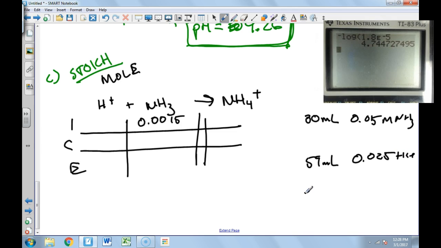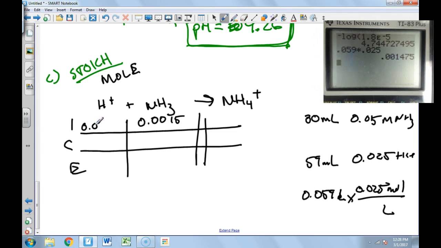So now we're going to take 0.059 liters. We're going to X-line it, so we're at liters, mole. So we have 0.025, and so now we do 0.059 times 0.025, and so now we get 0.001475. We don't have any of this to begin with, and so now we do our stoichiometry. What's the limiting reactant?